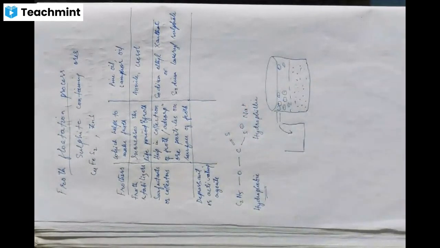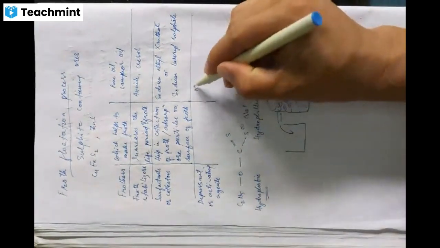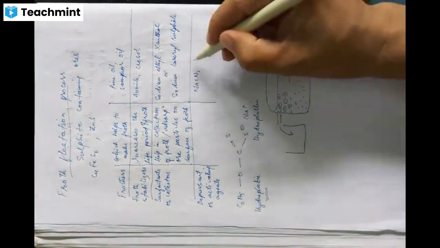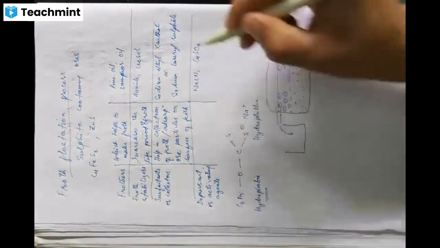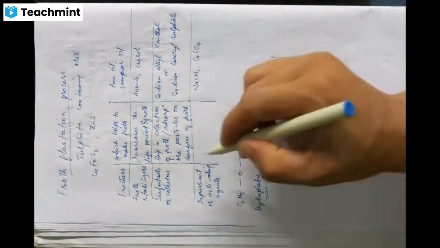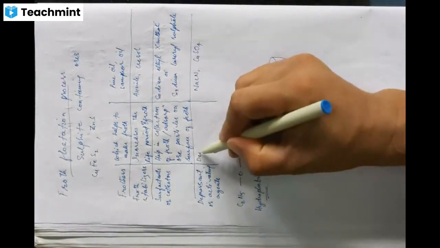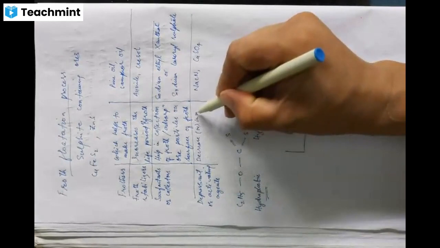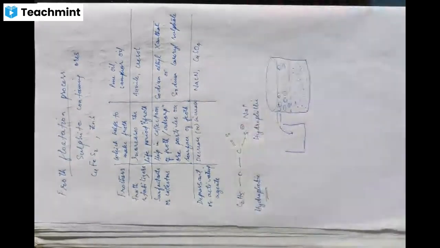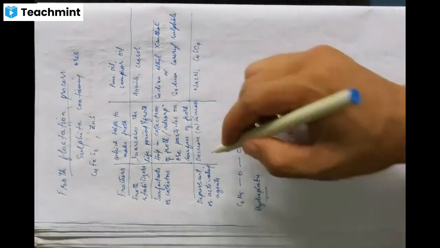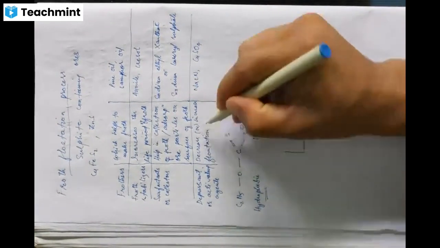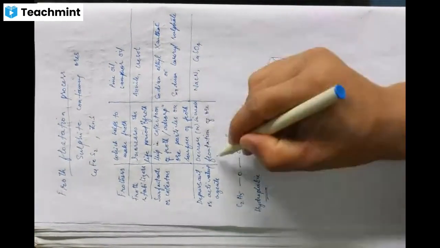And these are sodium cyanide and copper sulfate. So its purpose is to decrease or increase flotation of ore particles.